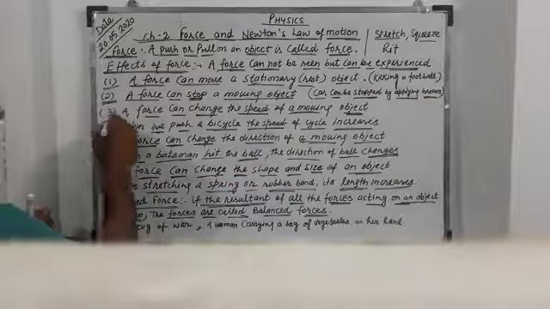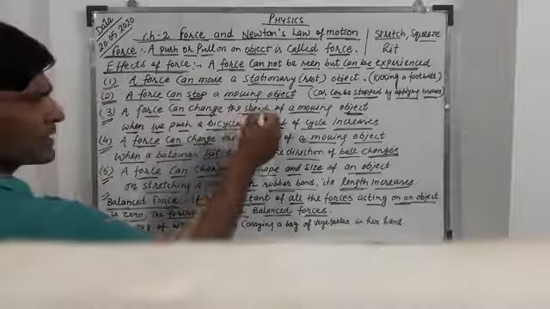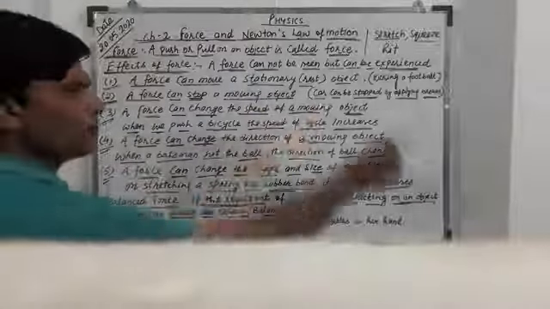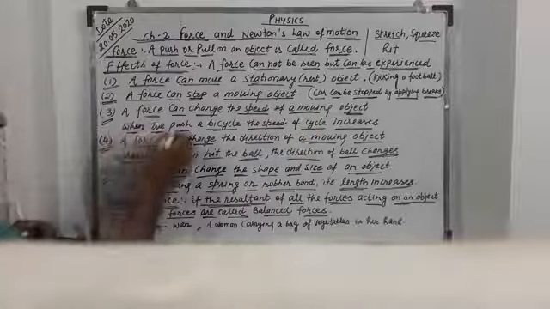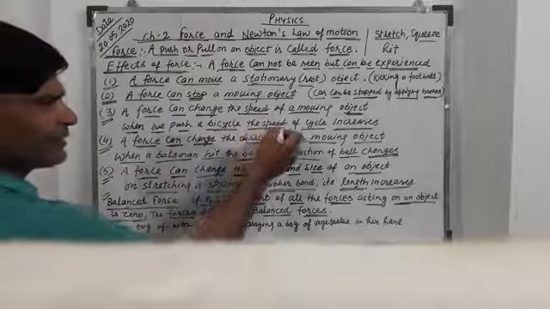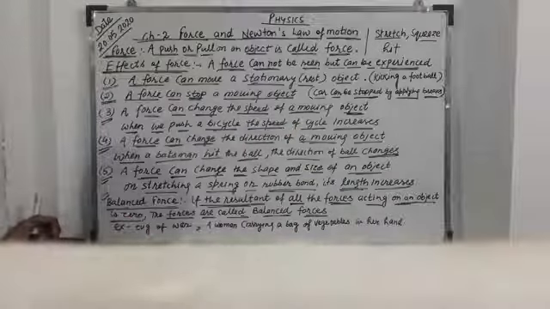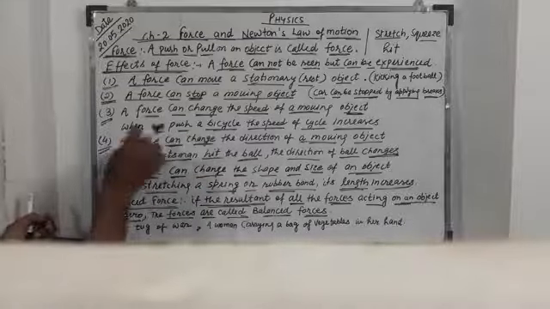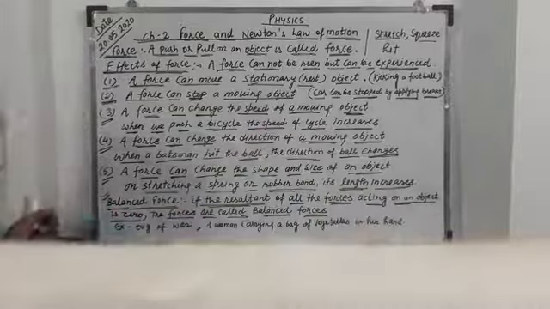The third effect is that a force can change the speed of a moving object. For example, when we push a bicycle, the speed of the cycle increases. Similarly, when we pull a bicycle, the speed of the cycle decreases.